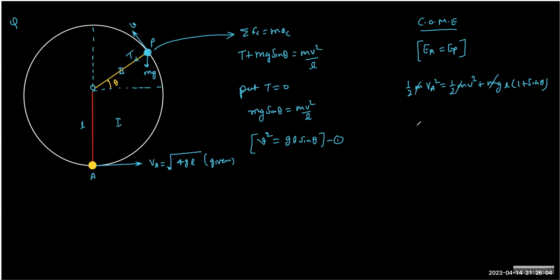Like this, right? Yes. So VA square is V square plus 2GL, and plus, what is V? So 4 equals sin theta plus 2 plus 2 sin theta, right?